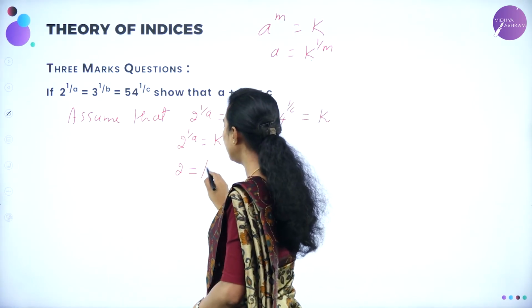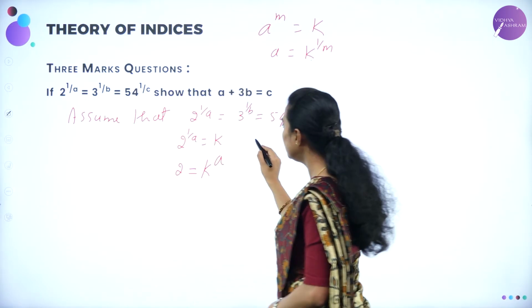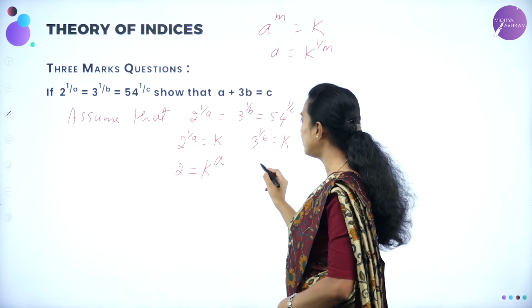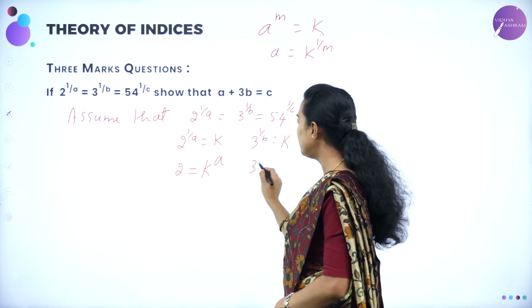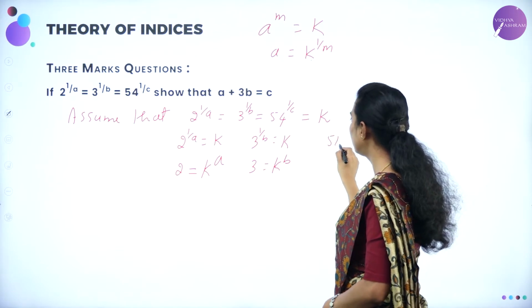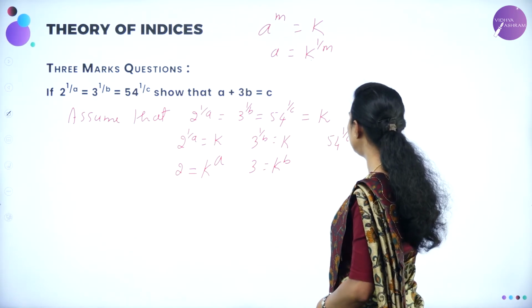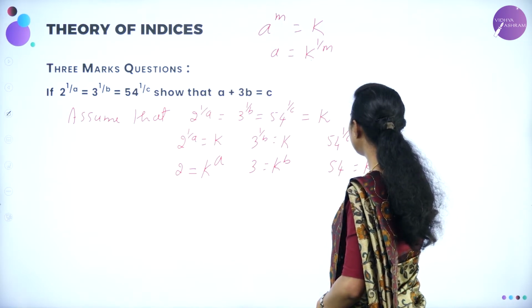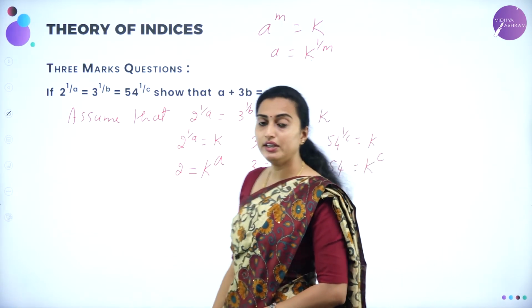Therefore, you are going to have k to the power of a. Similarly, 3 to the power of 1 by b is equal to k means the reciprocal of 1 by b is b, so 3 will become k to the power of b. Similarly, 54 to the power of 1 by c is equal to k means 54 will become k to the power of c. So you are going to write accordingly.